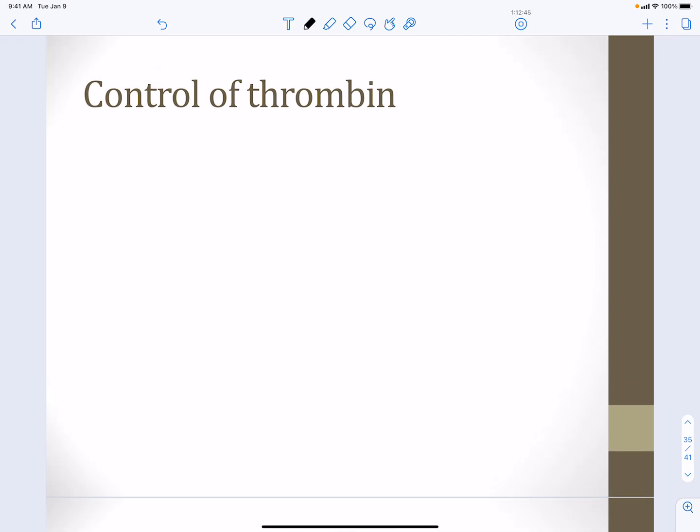Protein C is important in controlling coagulation as well as sepsis. Protein C gets cleaved by thrombin to active protein C. And then active protein C is going to cleave factor 5A and factor 8A.